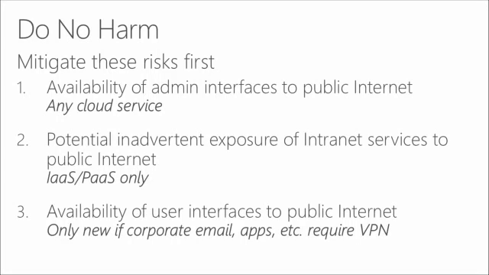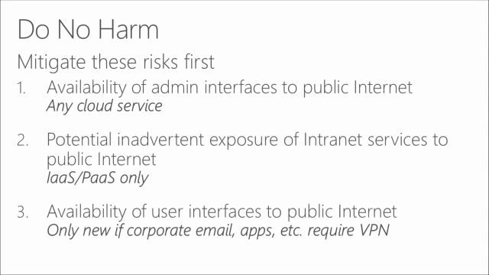it correctly. And then the third risk is that in some cases, and this is only some organizations, if you have access to corporate email and applications that requires VPN, that requires corporate network access, and you don't have Outlook Web Access or OWA or other services available to the internet for mobile phones and the like, if you force those to VPN in that case, moving to the cloud will put availability of user interfaces to the public internet, and so that risk needs to be mitigated or accepted.